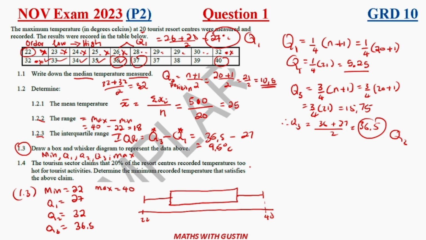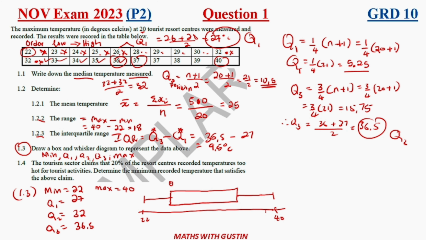I think this one should be a bit longer than the other one. Representation is very, very important, guys, so it should go somewhere here, because 40 is a little bit there. Okay, there is 40 there, so our maximum value is 40.